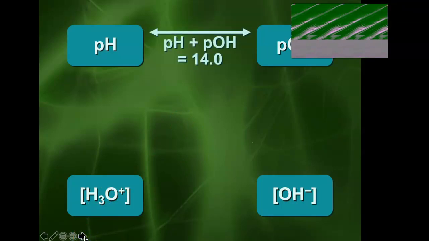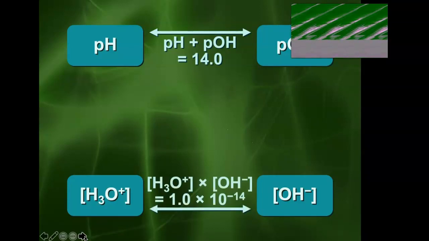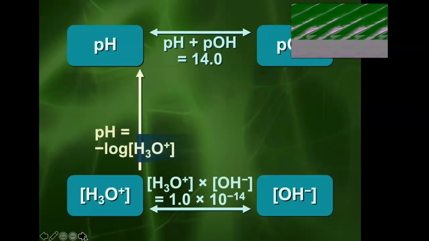To get from pH to pOH, we're using the relationship that pH plus pOH equals 14. Plug in the one you know, use algebra to find the one you don't. To get from hydronium to hydroxide, we're using that Kw value, right? Hydronium times hydroxide concentrations equals 1 times 10 to the negative 14th.